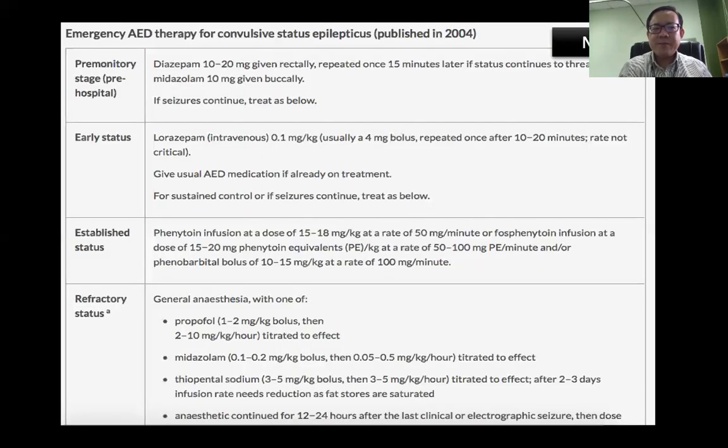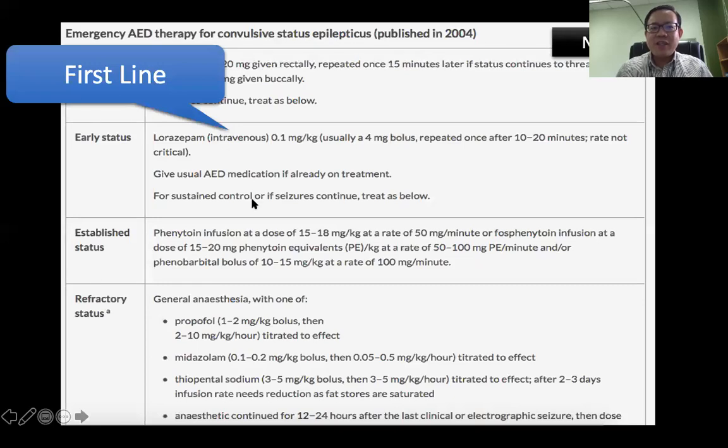So management, I will include some of the updates in the management and just beware of the changes compared to the past. This is a nice guideline from 2004, which is very old, already 16 years ago. You can see that the first line is using lorazepam.